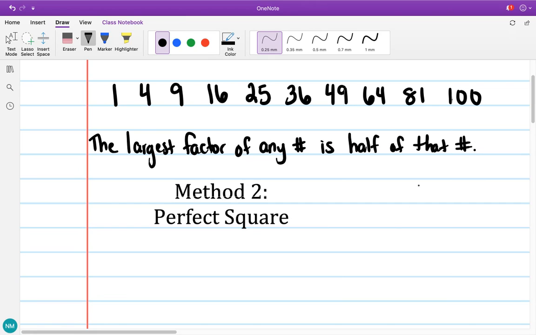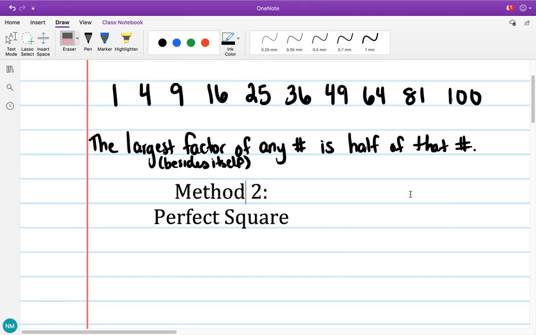Okay? So what I mean is that if I have a number like 100, right? The biggest factor, I'm going to write the largest factor besides itself, right? So besides itself, the largest factor of 100 besides 100 is half of 100, right?